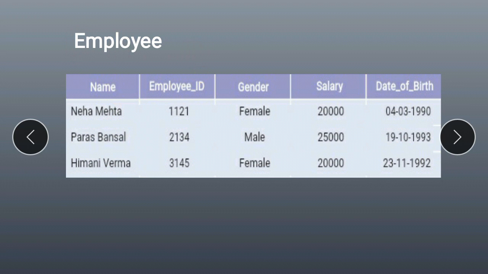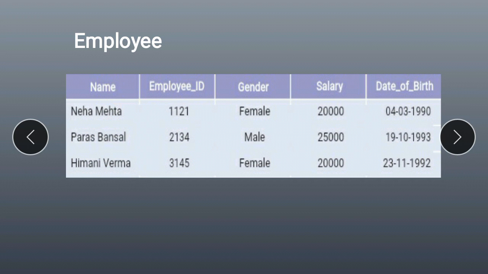So I will write the relation schema as employee, and in brackets I will write name, employee ID, gender, salary, date of birth. So the relation schema is the name of the columns with the relation, the list of attributes basically.